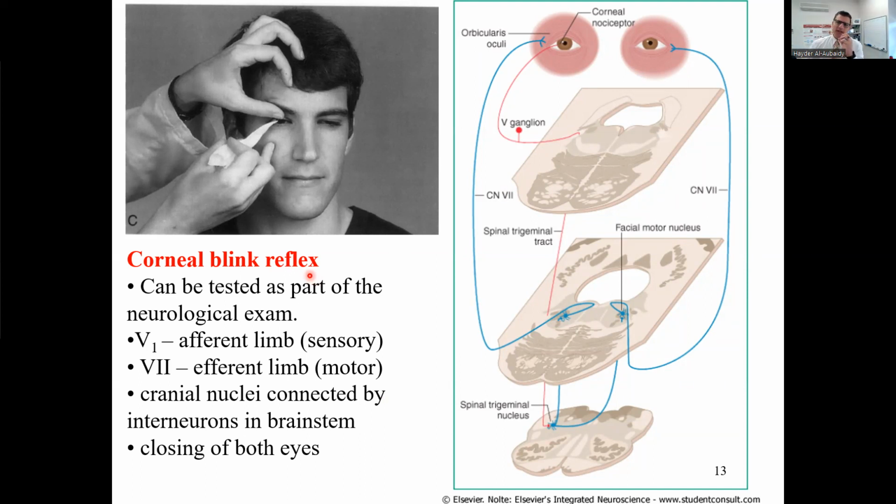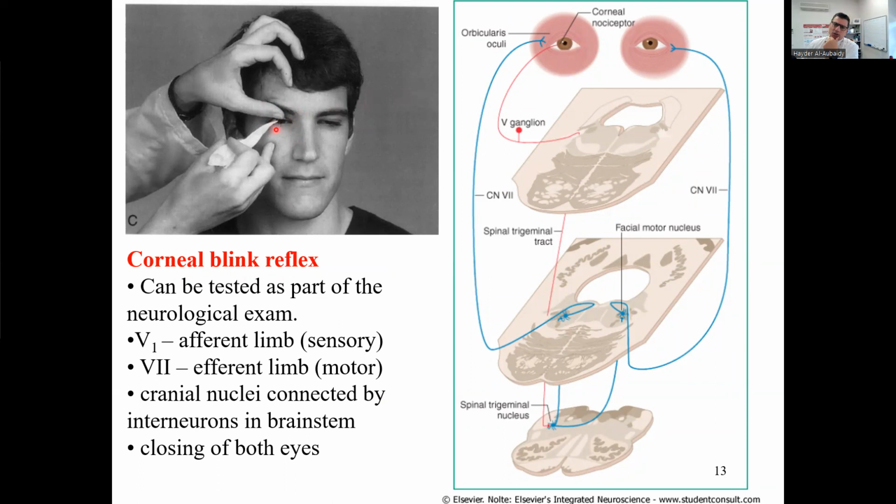Here we've got a similar scenario. When we stimulate the cornea, that produces blinking as a motor output. So the components of the corneal blink reflex include the following.